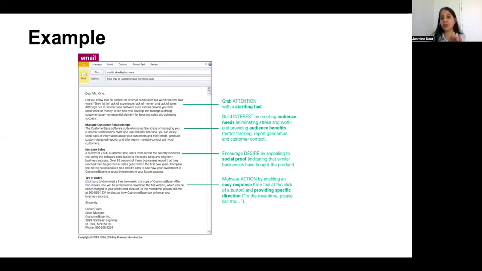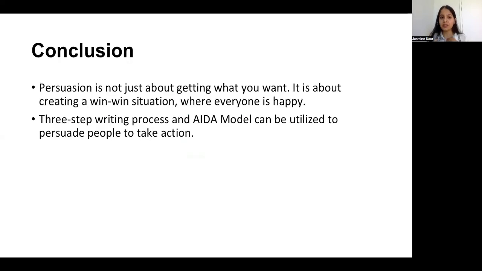So this is how a persuasive message is drafted. I'd like to just summarize. Persuasion is not about getting what you want. You're not manipulating another party, but here we are trying to focus on a win-win solution: how the other person can also benefit from our recommendation, from our proposal, from our product.